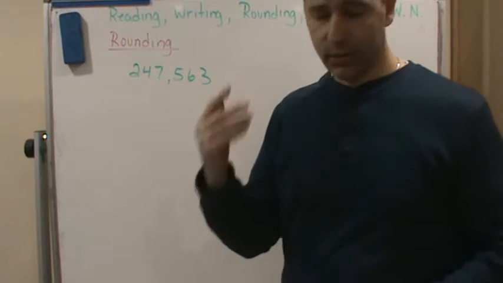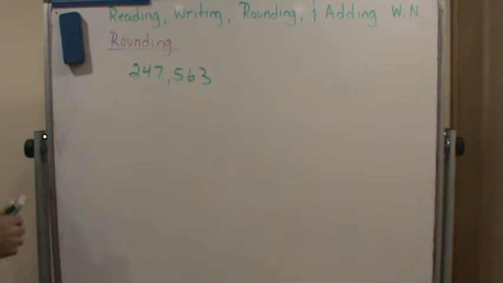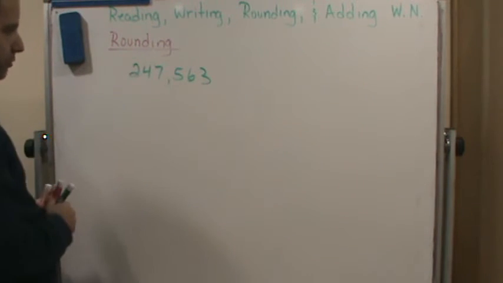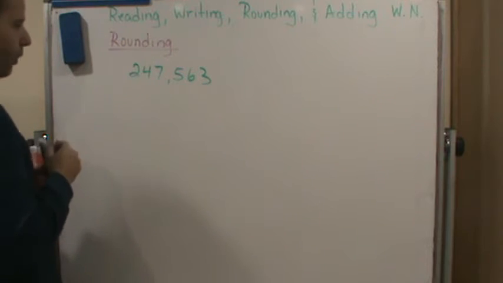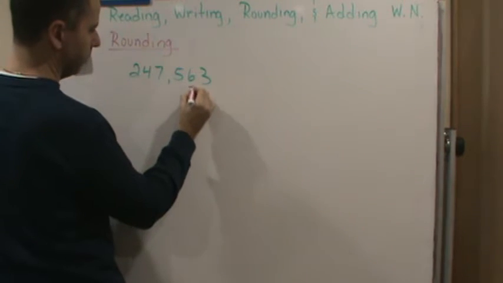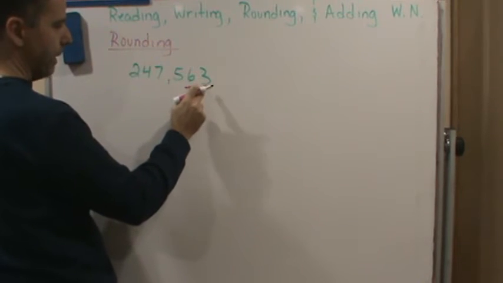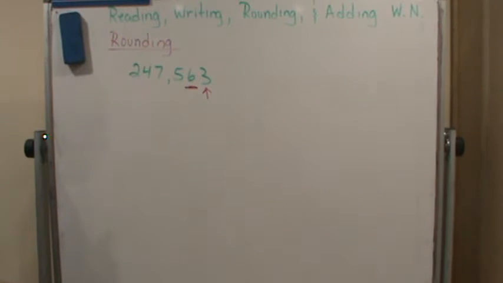Okay, so let's use this as an example. If I wanted to round this to the nearest tens, well, where's the tens place? The tens place is right here. So I'm rounding to the nearest tens, which means I'm going to focus on the 3 momentarily.